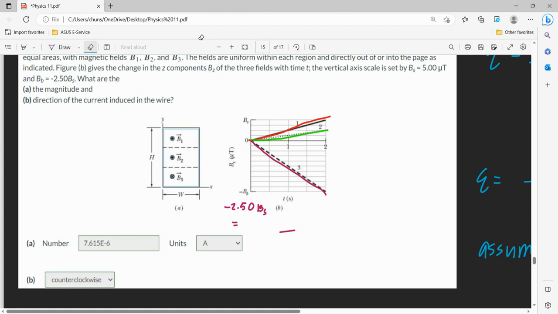Sorry. It's equal to negative 1.25 times 10 to the negative 5 in our bottom scale. And at our top scale, we have 5 times 10 to the negative 6. Okay, so now we have everything that we need.